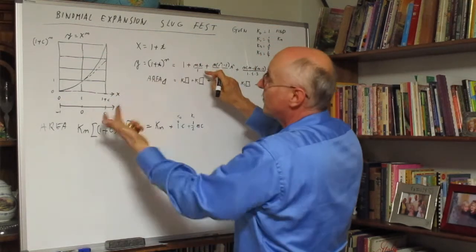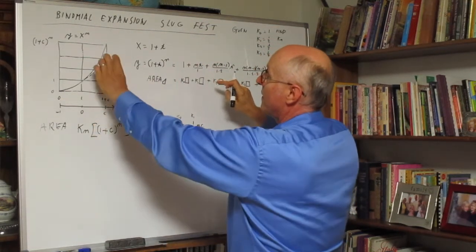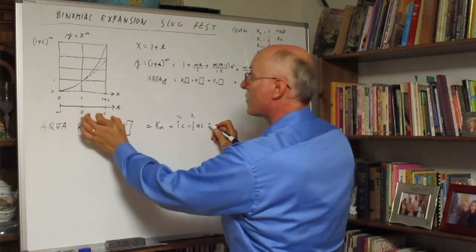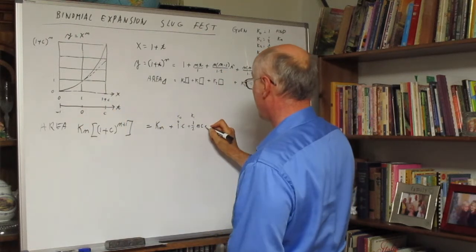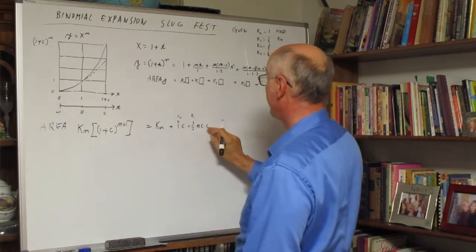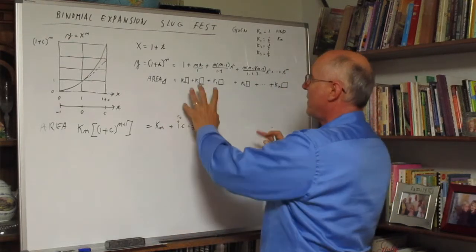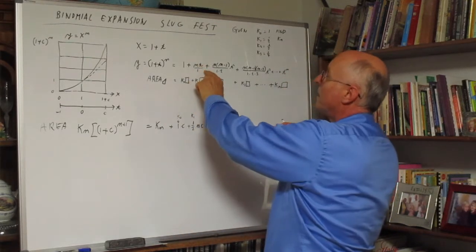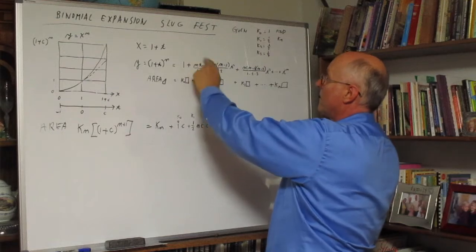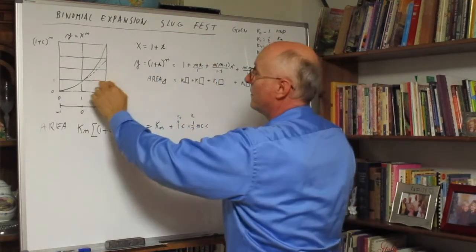You plug in t equals C. And then don't forget your base times C. Okay? So that'll be the area of our linear function here, right here.